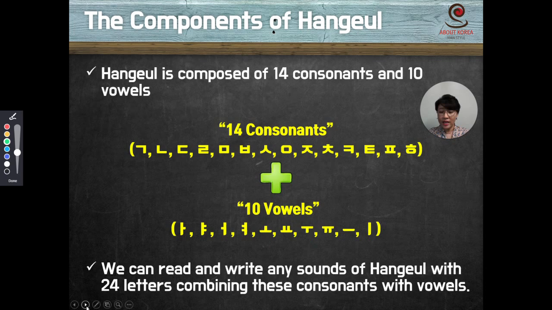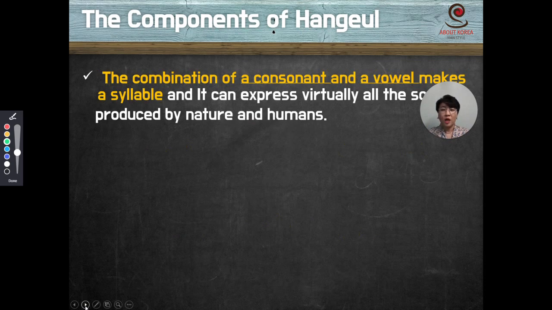We can read and write any sound of Hangul with those 24 letters, combining these consonants with the vowels. That's why we have to practice and remember all those consonants and vowels. The combination of consonants and vowels makes a syllable, and it can express virtually all the sounds produced by nature and humans.